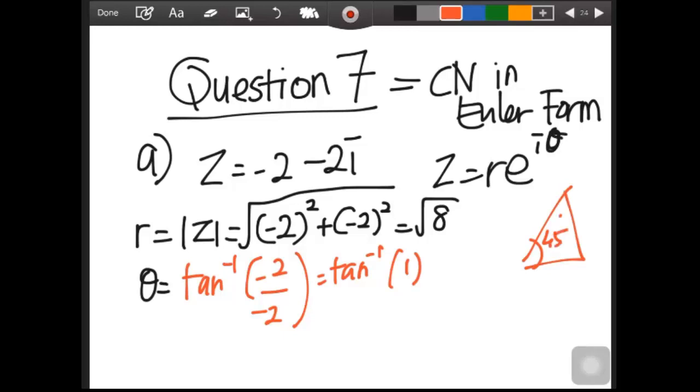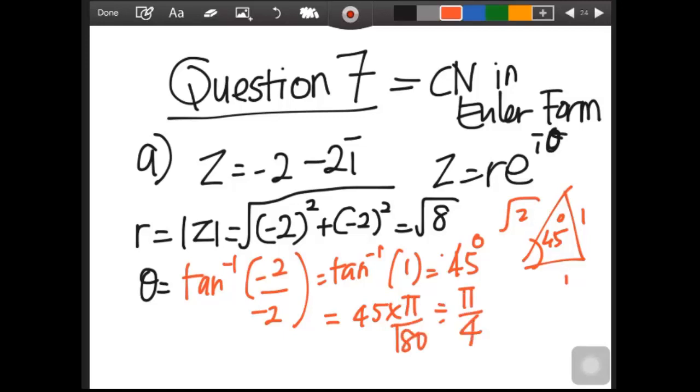So theta dia adalah 45. Ataupun kita tukarkan dalam bentuk radian, 45 darab dengan pi over 180 dapatlah pi over 4. Okay, so bolehlah kita tukarkan dalam bentuk Euler form.